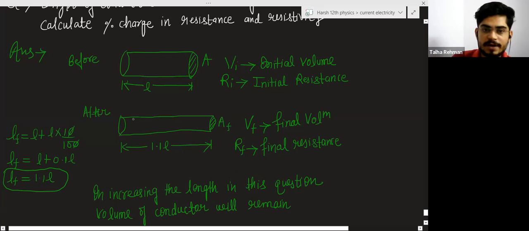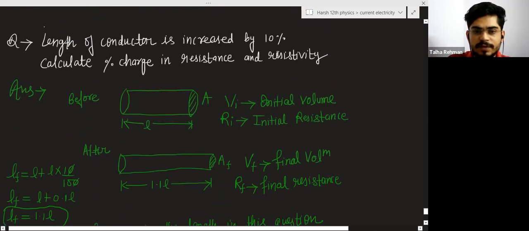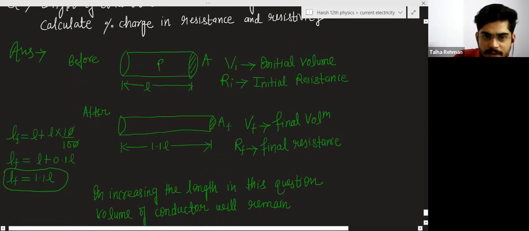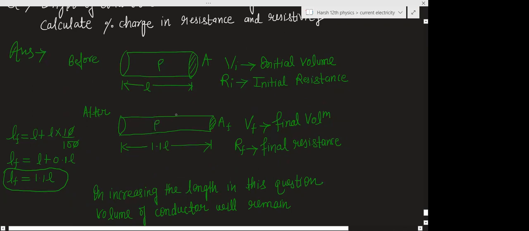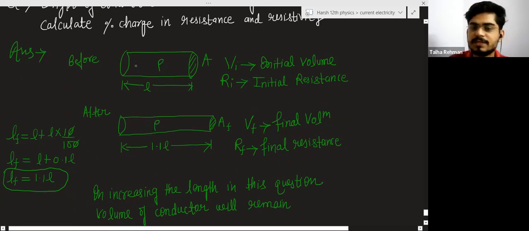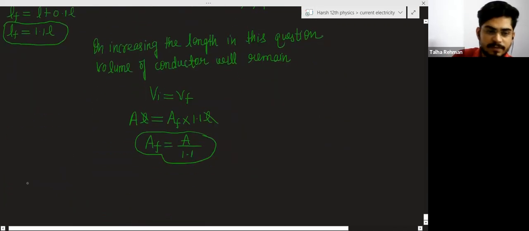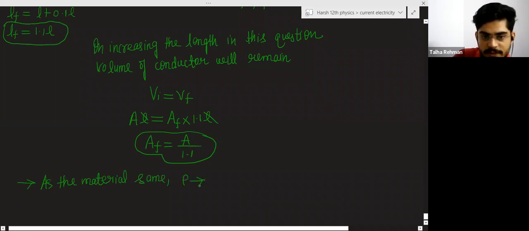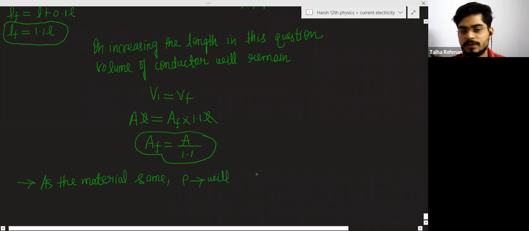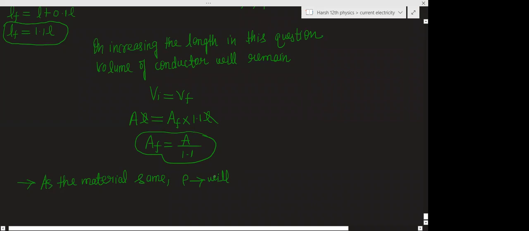And resistivity is rho. Resistivity will remain the same, as the material of the conductor is the same. Rho depends only on the material.